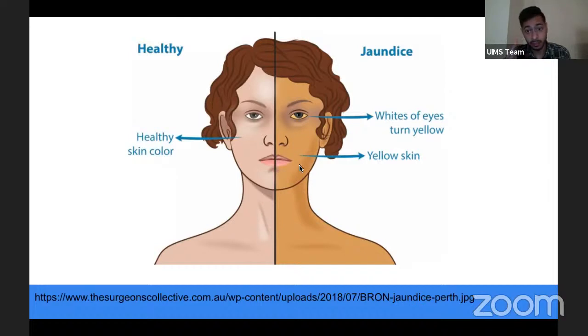But jaundice is, I think, most of the time very easy to spot and very blatant. And if you're correlating it with your bloods, a bilirubin of more than 30 is usually clinically evident as well. With jaundice, as I mentioned, you'd have a yellow or greenish skin, and the whites of the eyes are usually yellow as well.